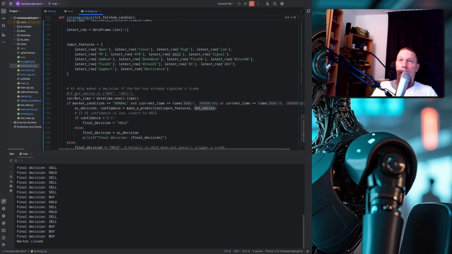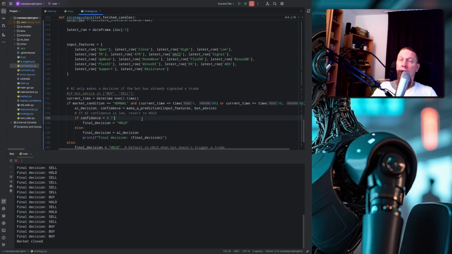That bot advice is brought along with the AI decision to make a prediction. In the AI part with the features, the open and close price, the high and the low, the TR, the ATR, the MACD, the signal, and all those 15, 16, 18 features, plus the bot advice is brought into the AI to make its decision.